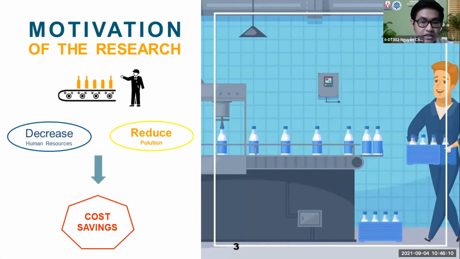This led to the destruction of the surrounding environment. Even if there is the labor force required for that job, it's just too much and inconvenient. So we wanted to come up with a solution to not only save time, but also to reduce human labor, as well as remodel the entire PET bottle distribution system to a newer, modernized, and convenient one.